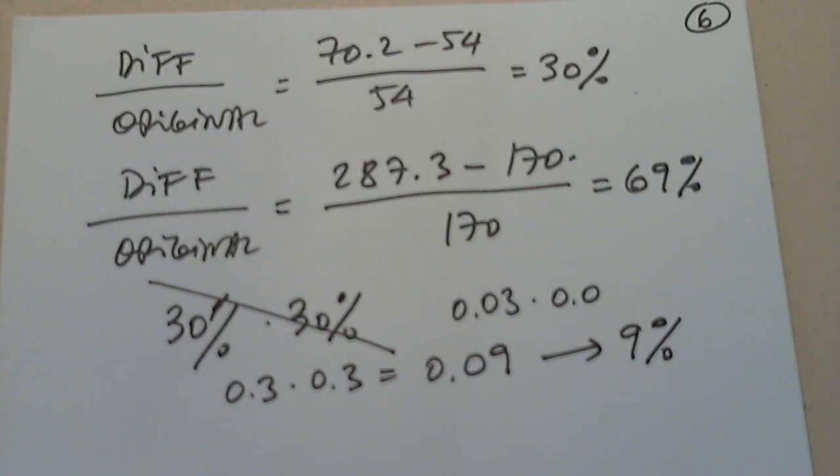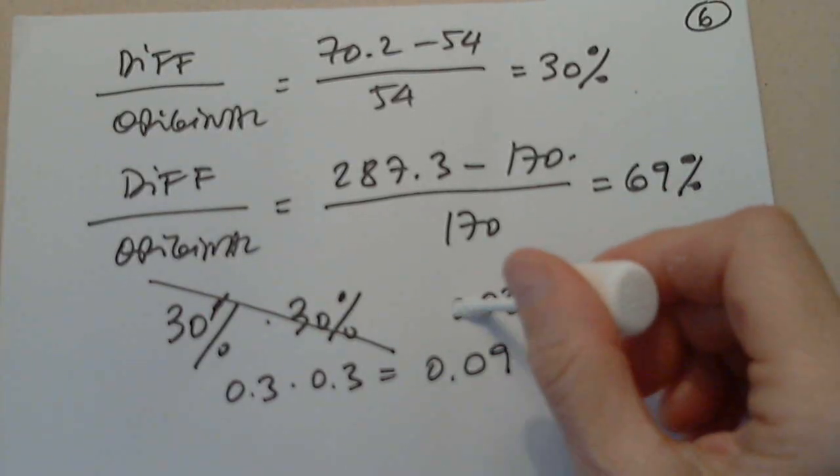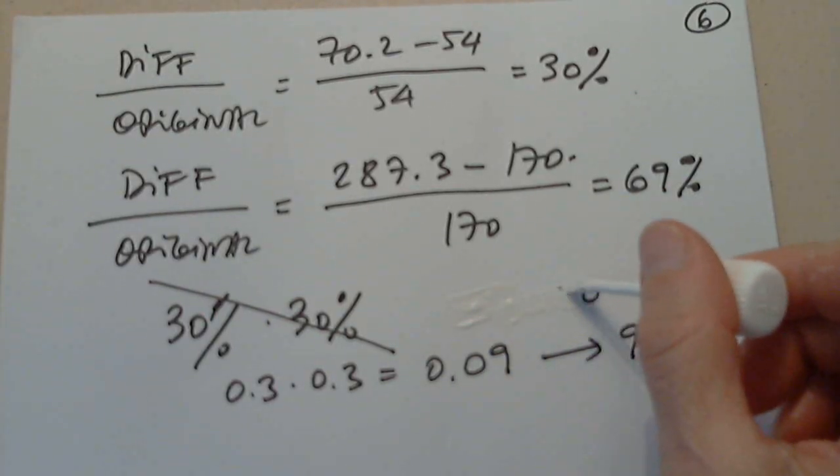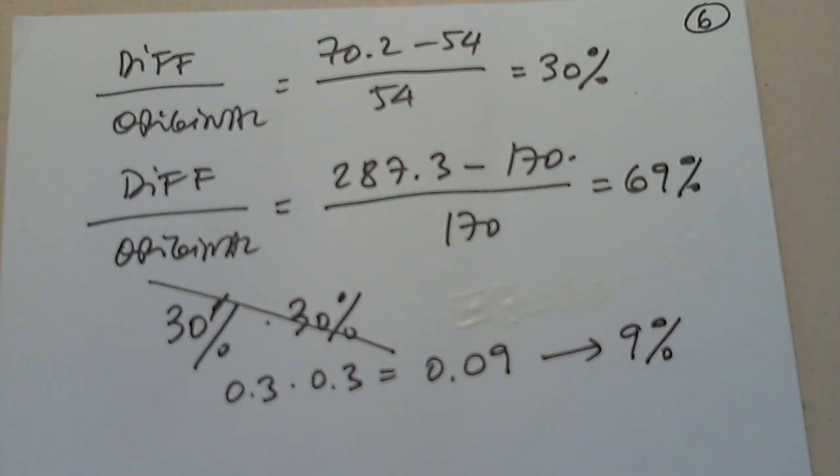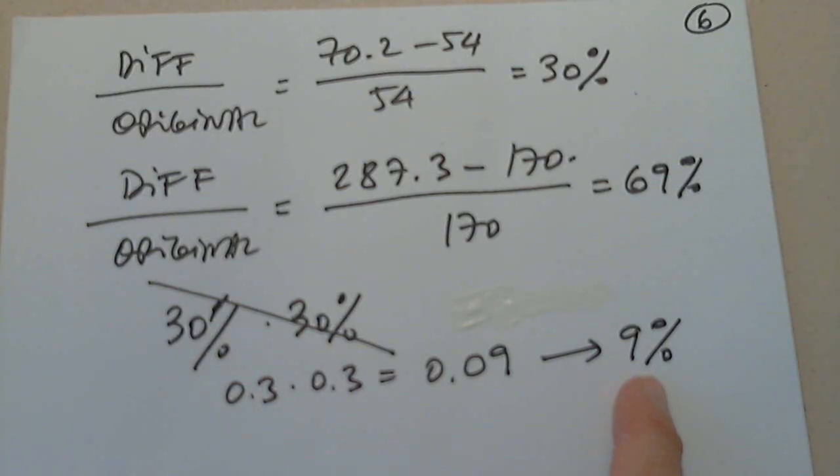When you multiply, you always get a smaller number, right? 0.3 times 0.3 is 9, but you have 2 decimal digits, remember? So you have to move the decimal point 2 digits to the left. So this is 9%. So the 30% and the 30% changes into 9%.